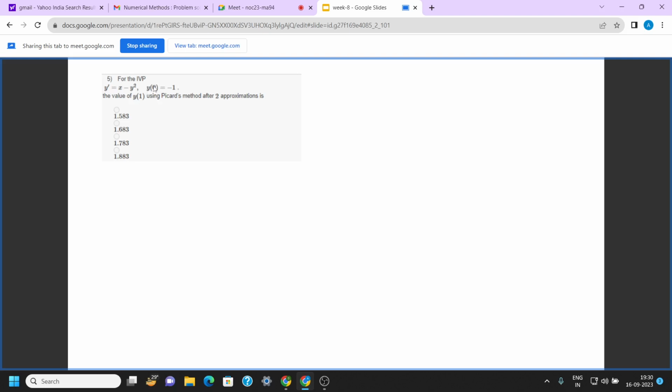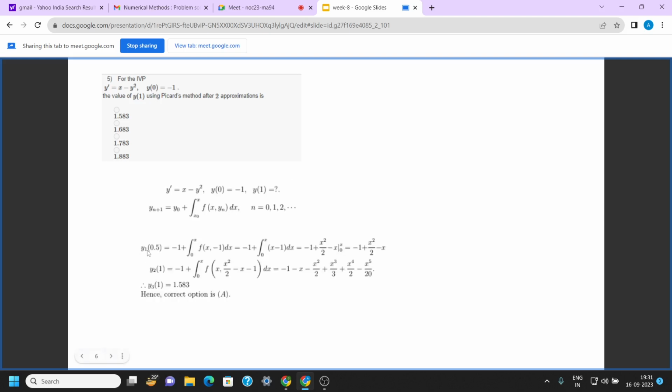So n0 will be 0, the next iteration at n = 1, and the next at n = 2, that is y1 at 0.5 and y2 at 1. In this way you will get the two approximations and reach 1. Here it will be y2.